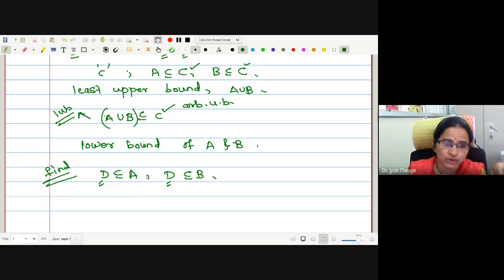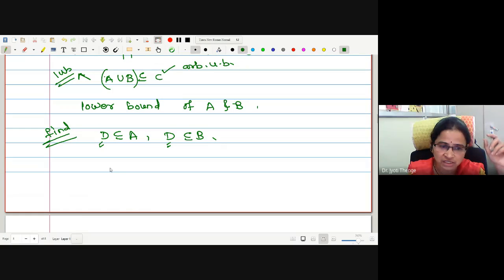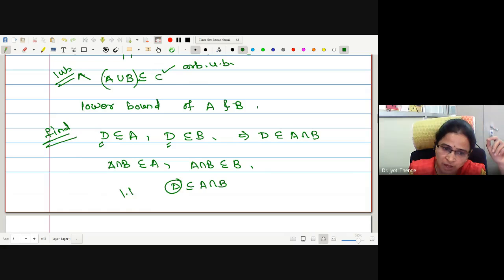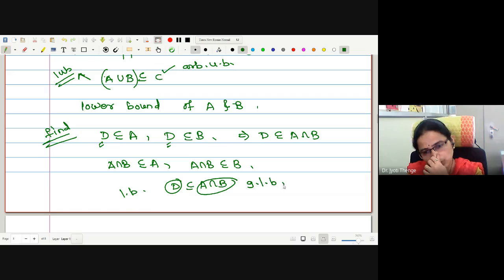But we know A intersection B is contained in A and in B also. And if D is contained in A and B, it implies D is contained in A intersection B as well. Therefore, D is an arbitrary lower bound, and A intersection B will be my greatest lower bound.